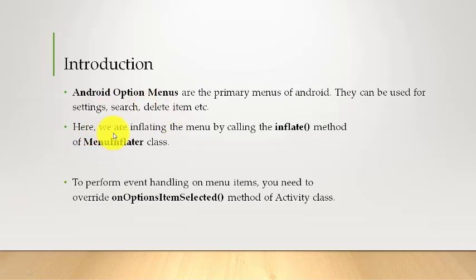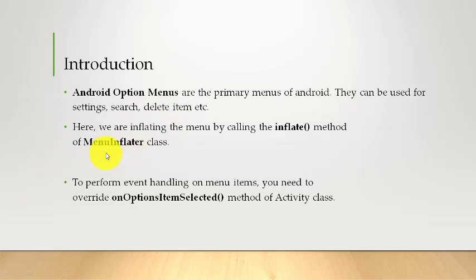Here we are inflating the menu by calling the inflate method of the menu inflater class. First we will create a menu, right? For creating a menu, we will create a separate XML file, and in that we will define the list of menu items.